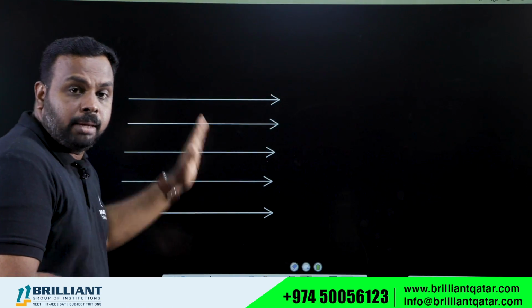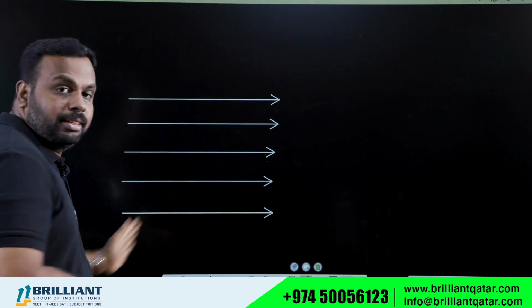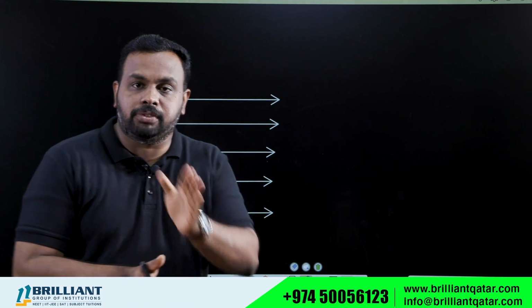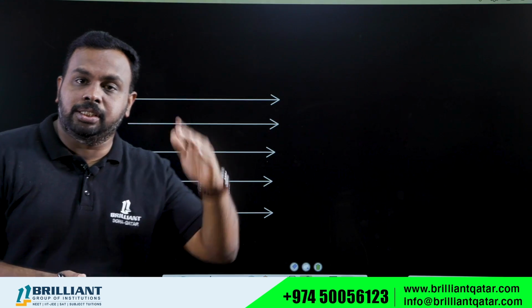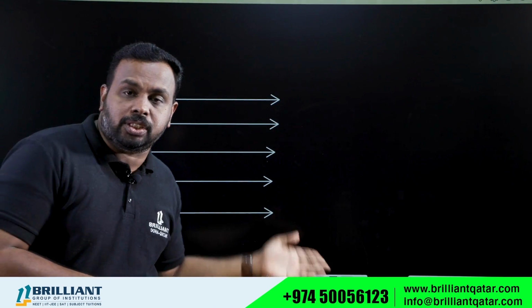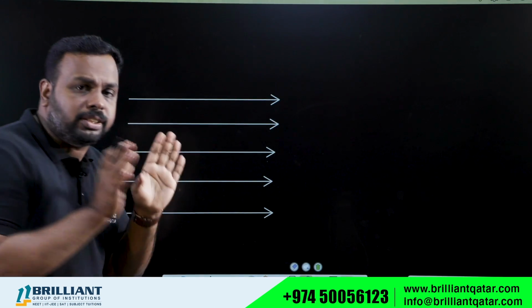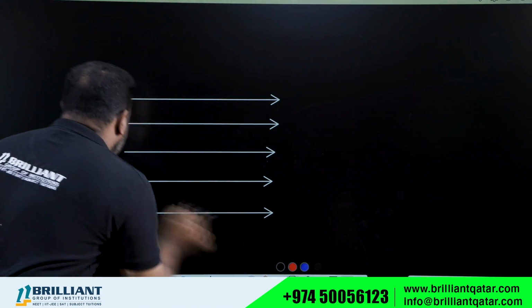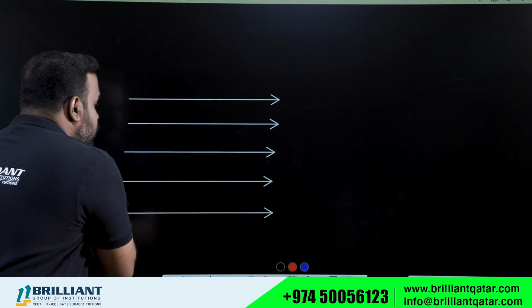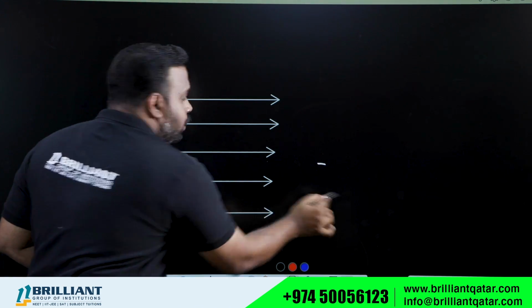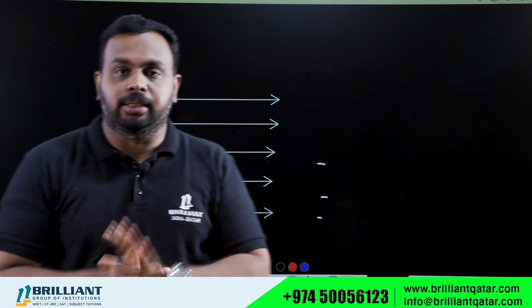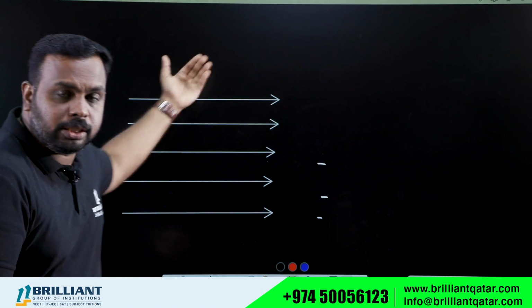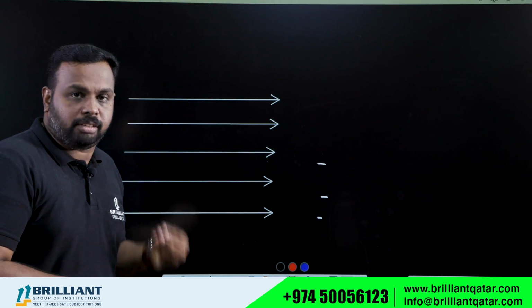Since field lines are starting from the left, on the left side there will be positive charge and on the right side there will be negative charge. Please keep that idea in your mind. Okay, the idea is clear. So this is representing a uniform electric field.